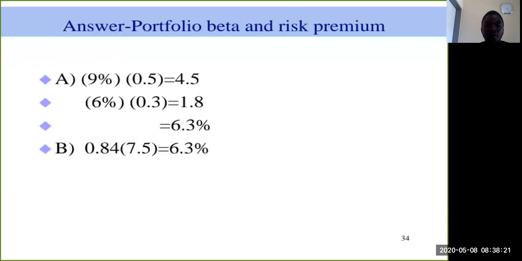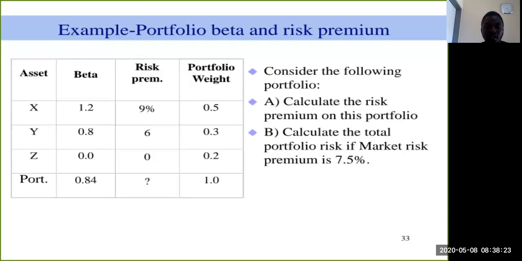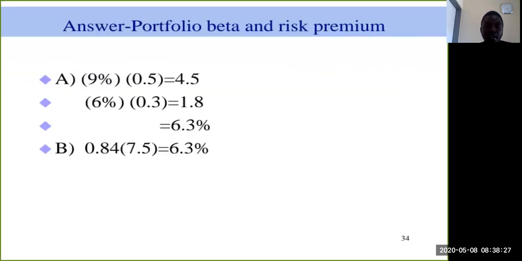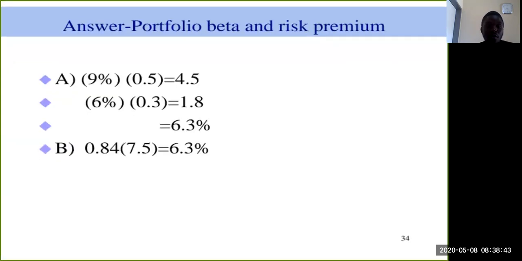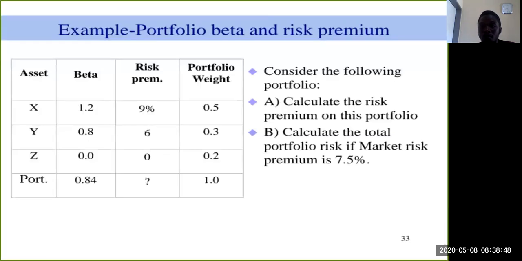The only thing we are going to do is get the total beta, which is 0.84, and multiply it with the market risk premium which we've been given, 7.5%. When we multiply that, we'll get 6.3% as our portfolio risk if the market premium is 7.5%.